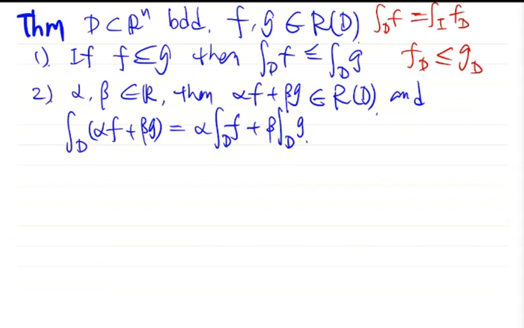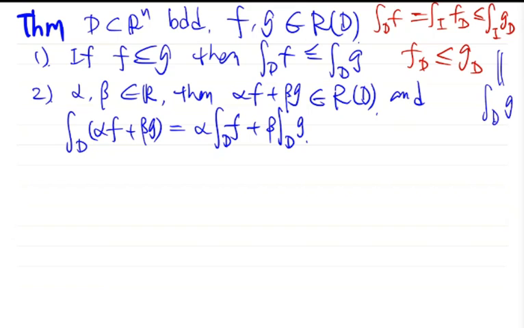Then for the integral over a rectangle, we have this is not greater than the integral of the zero extension of G. But this is precisely the integral of G over D. So this proves the first result.